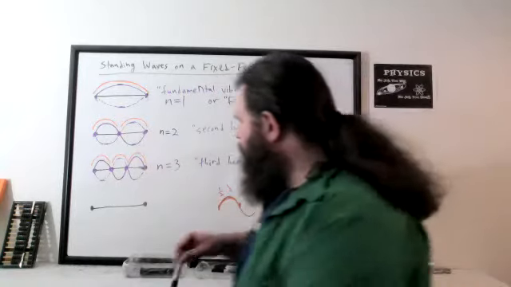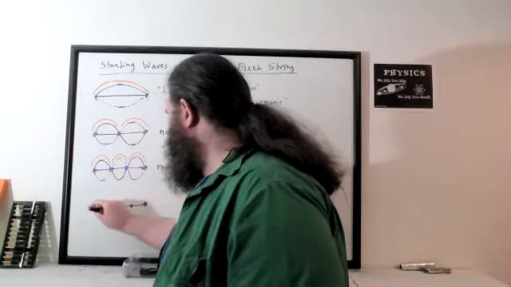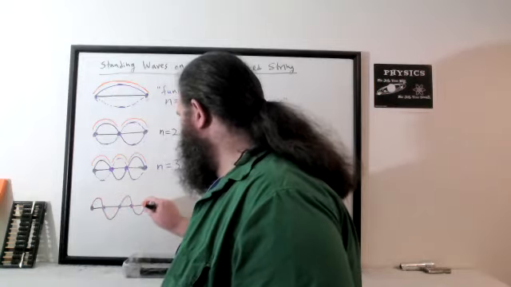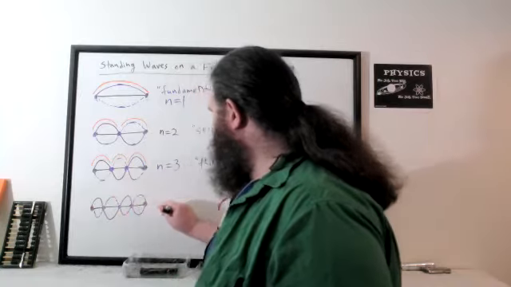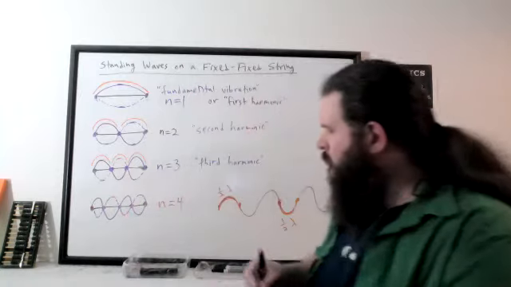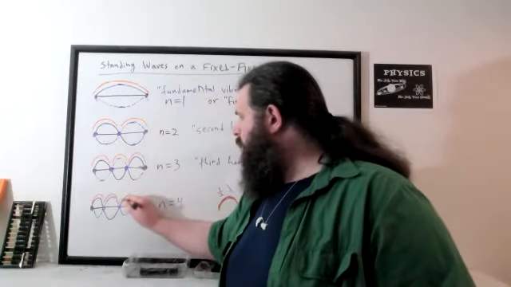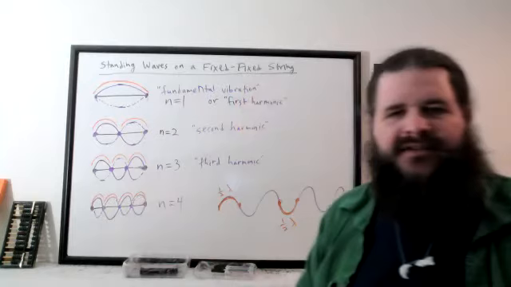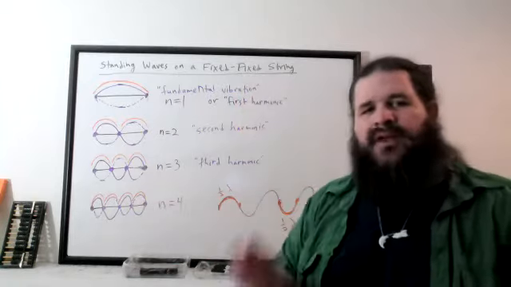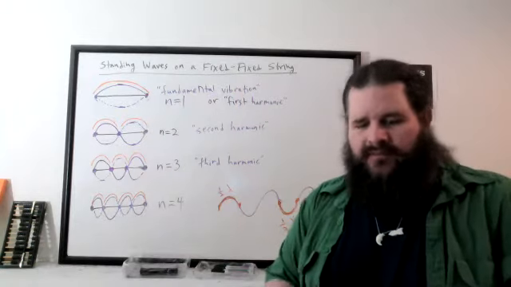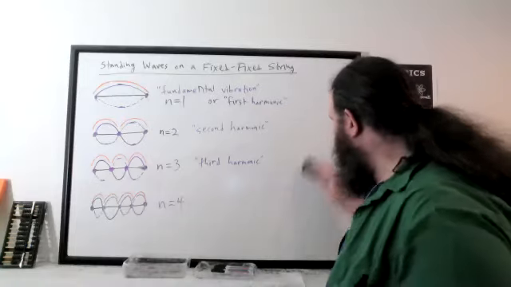And then in the next one, n equals 4 corresponds to the idea that we now have 1, 2, 3, 4 half wavelengths. So generally, if both endpoints are nodes, or also alternatively, if both endpoints are antinodes, n still represents the number of half wavelengths.